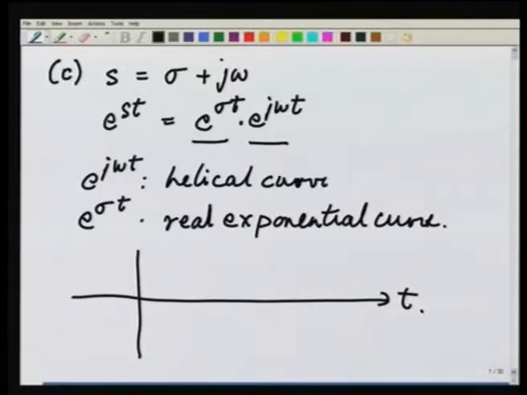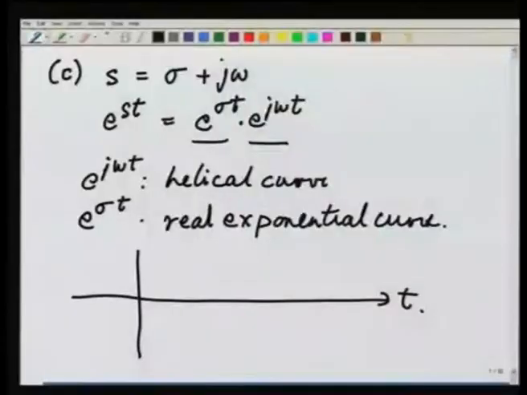But here it still looks like a helical spring, but not of constant diameter. Here we have a helical spring which will expand its diameter along one direction of time, positive or negative, and reduce in diameter in the other direction. However, the pitch will remain the same.